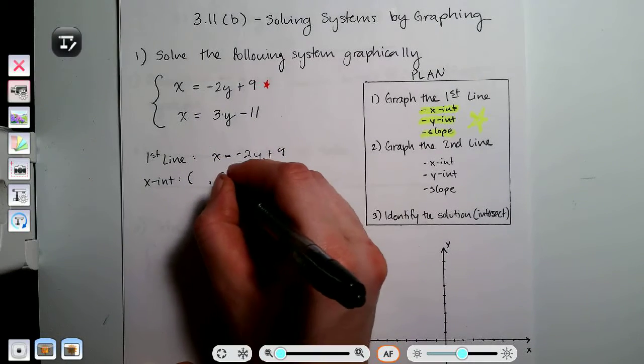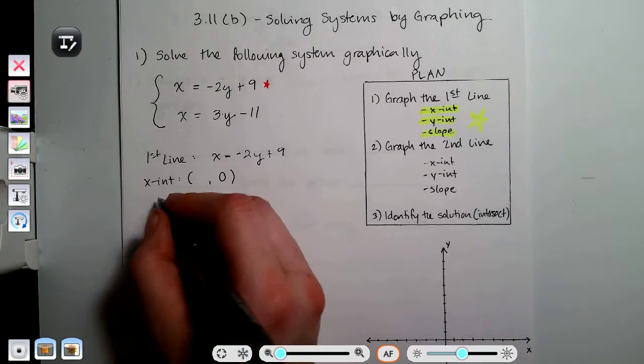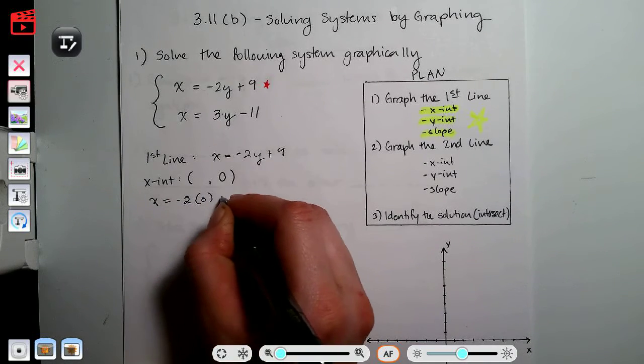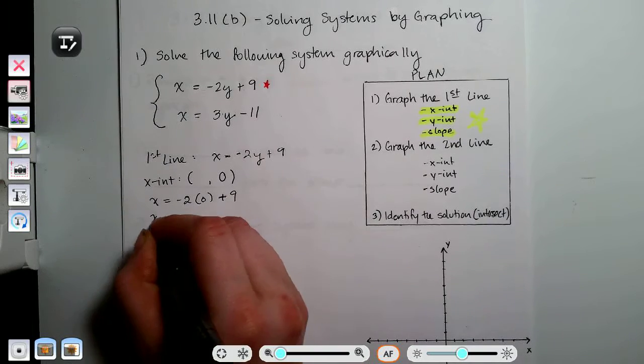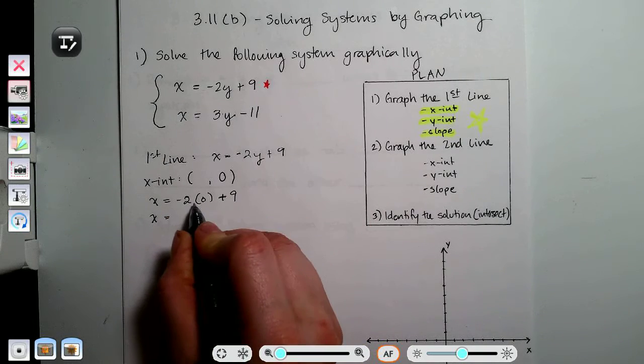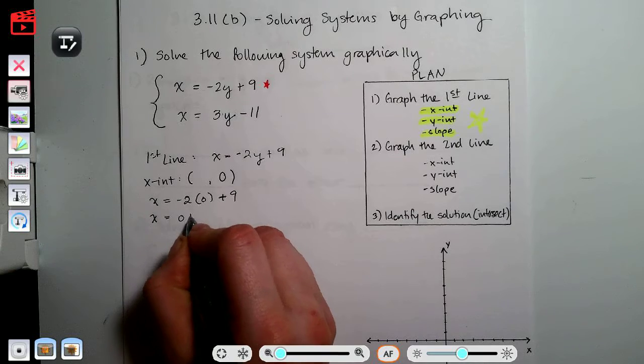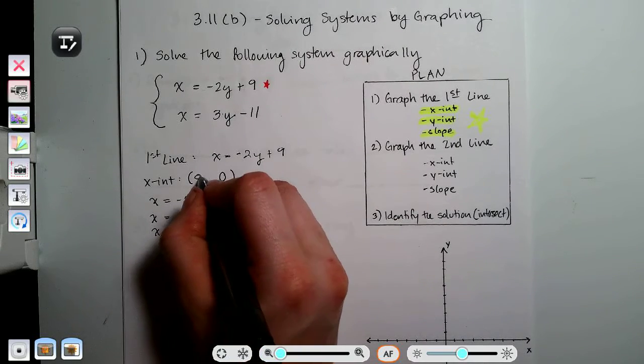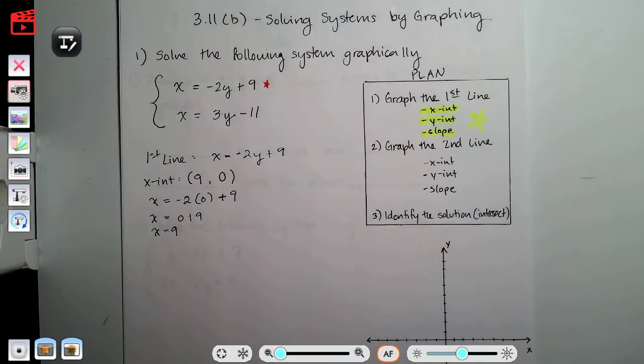To find the x-intercept, you set y equal to 0. Let's do that using our equation: negative 2 times 0 plus 9. x is going to equal, well, that goes to 0, 0 plus 9, and then x equals 9. So that is my x-intercept: 9, 0.